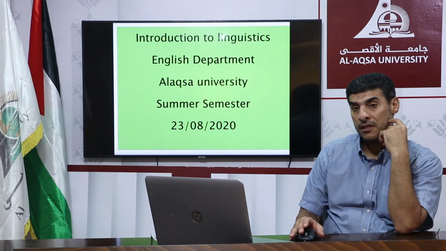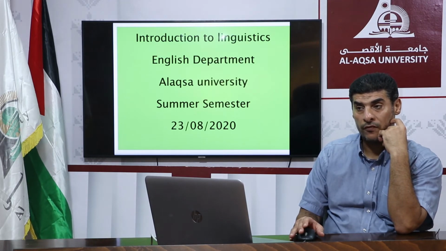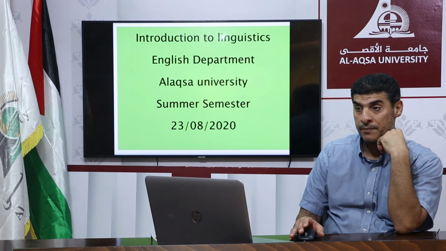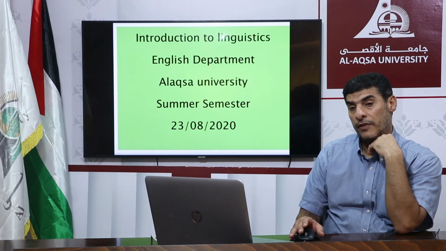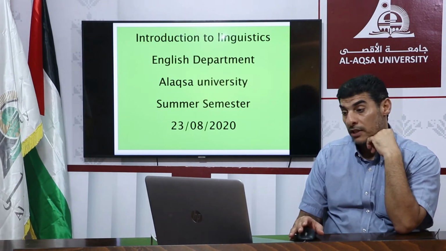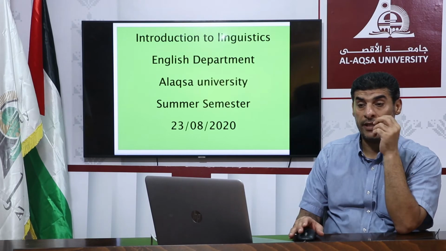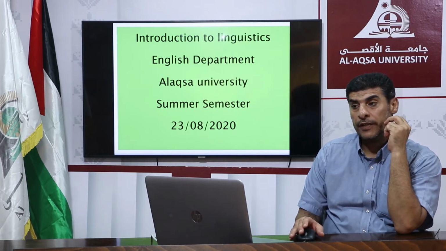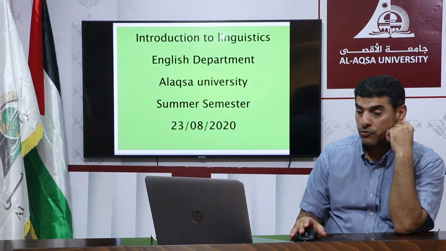Number 1, intransitive verb. Number 2, transitive verb. Number 3, ditransitive verb. Number 4, linking verb. And number 5, complex transitive verb. And we confirmed that a complex transitive verb is followed by an object, which is followed by a complement of the object.